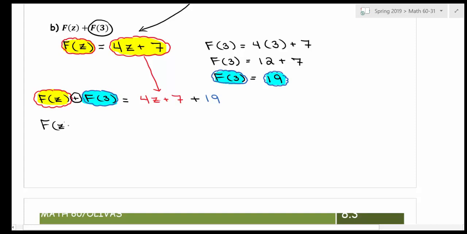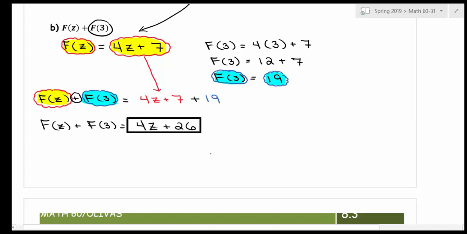So f of z plus f of 3 is equal to 4z plus 7 plus 19, which is 4z plus 26. So here we go, that's our answer.